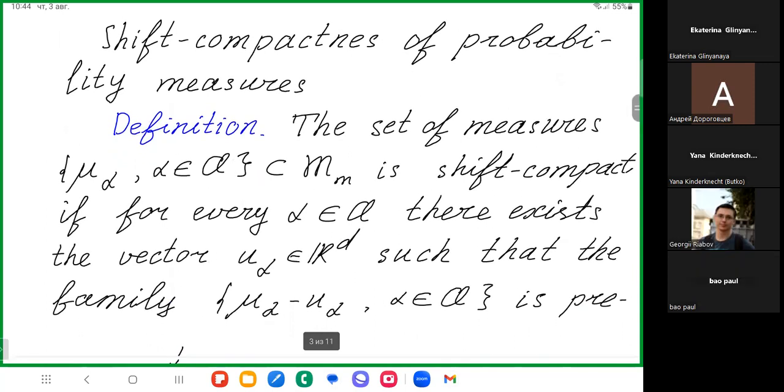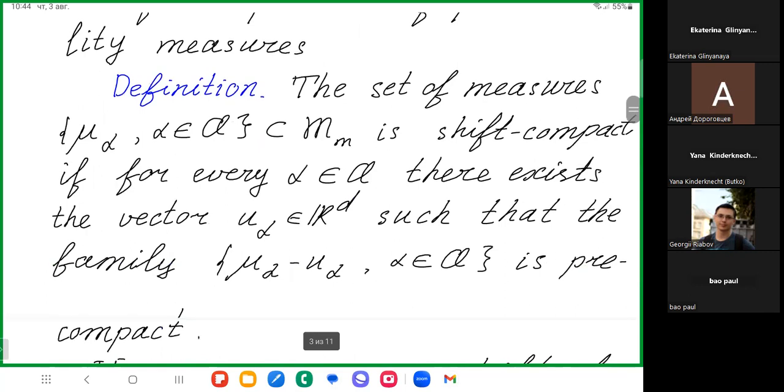Definition. The set of measures mu alpha in the Wasserstein space of fixed order m is shift-compact if for every alpha there exists a vector u alpha belonging to R^d such that the family mu alpha minus u alpha is precompact. So this is exactly the case which we discussed before at the end of the lecture.